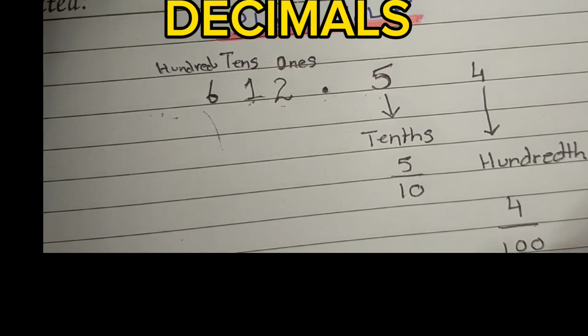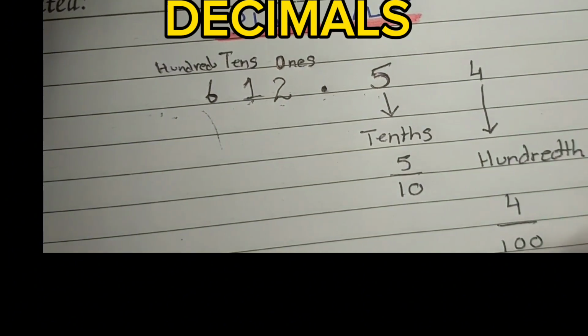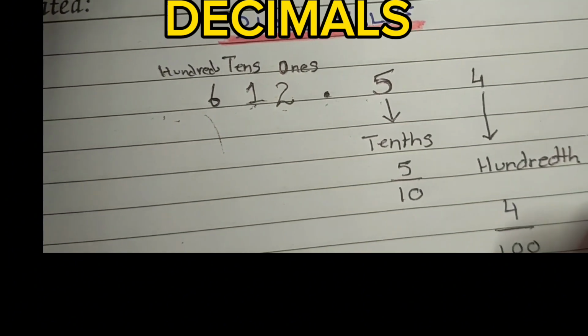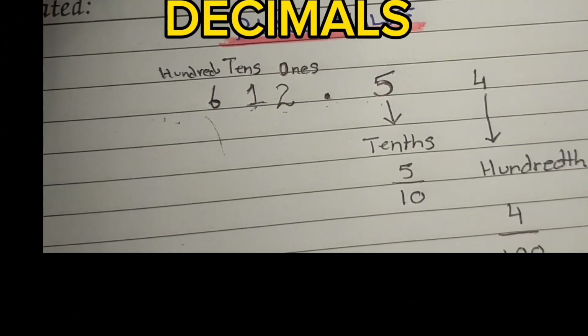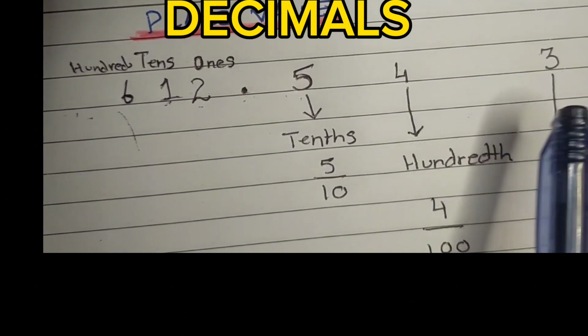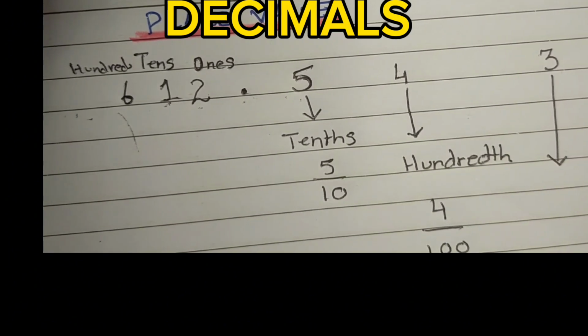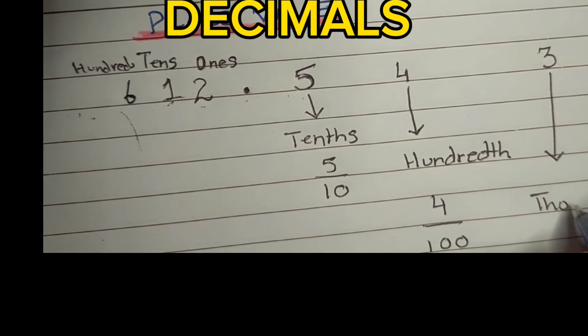Let me add on another figure. What do you think the place value of this digit would be? Let's have a look at it. The third digit which I added should be your thousandth.